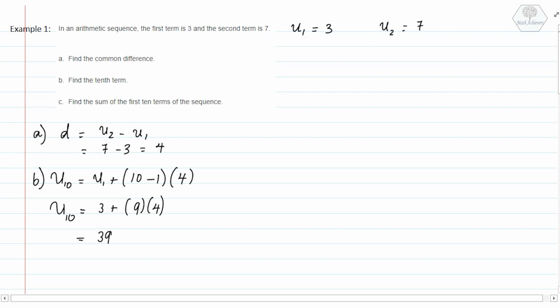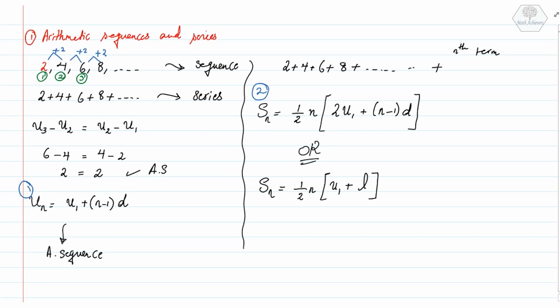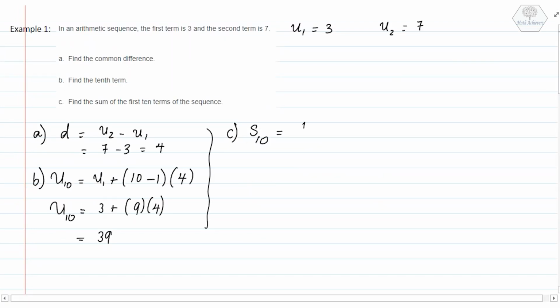Part C, find the sum of the first 10 terms of the sequence. I need S of 10. I use my formula, which is this one: S of n is half n times 2u1 plus n minus 1 times d.